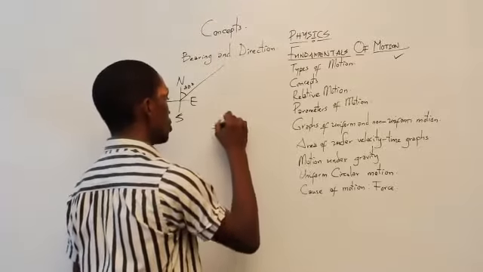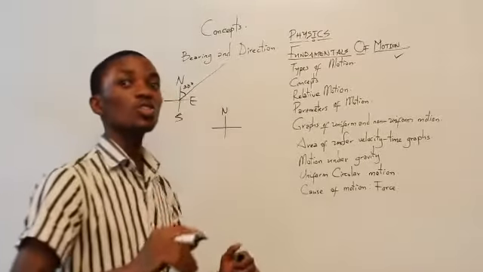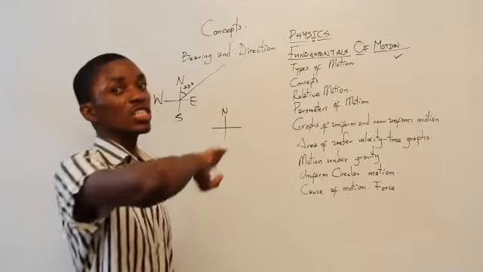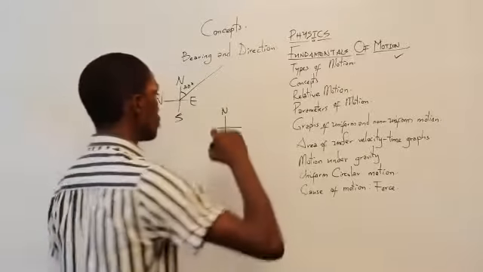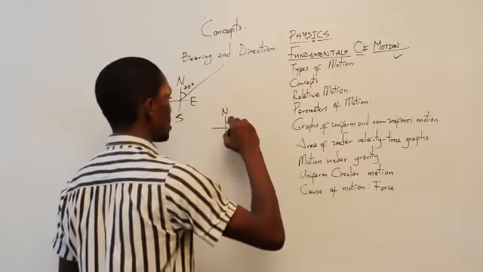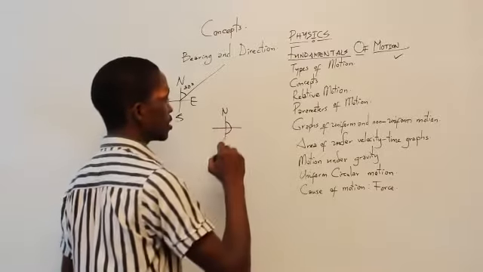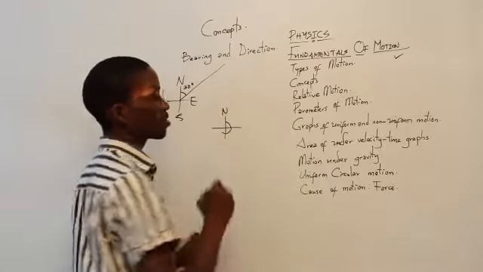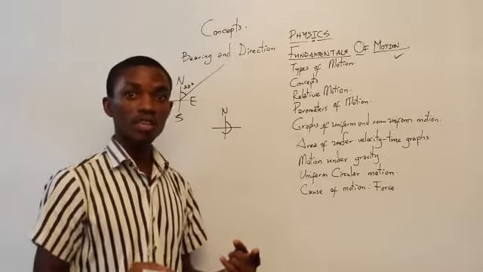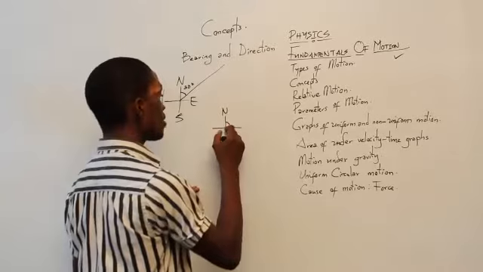So you have your north, your calculation, your measurement is always from your north through the east towards the south and to end in the west. So you move from here to here is 90, here to here is 180, here to here would be 270. But since we were given 213, it will be somewhere in between here.